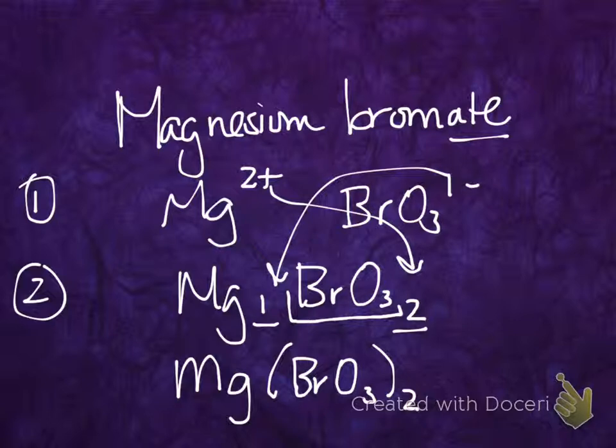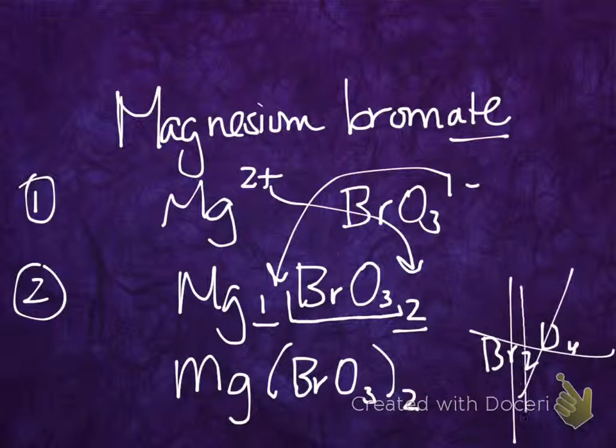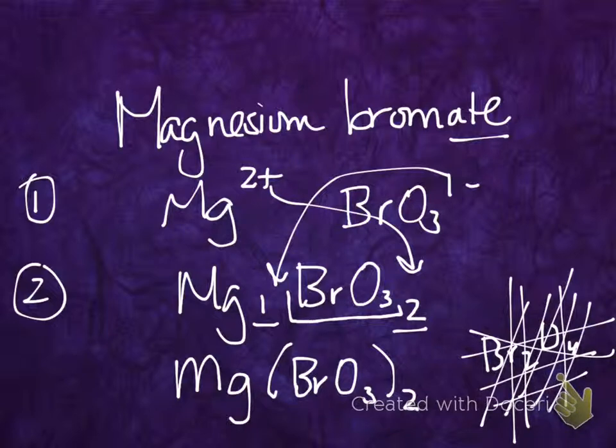Now, traps that people fall into. Coming from math, they think, oh, I can distribute that. I multiply everything, and that makes it Br2O6. No, no, no, no. Remember, when we built polyatomic ions, this is a discrete structure all to itself.